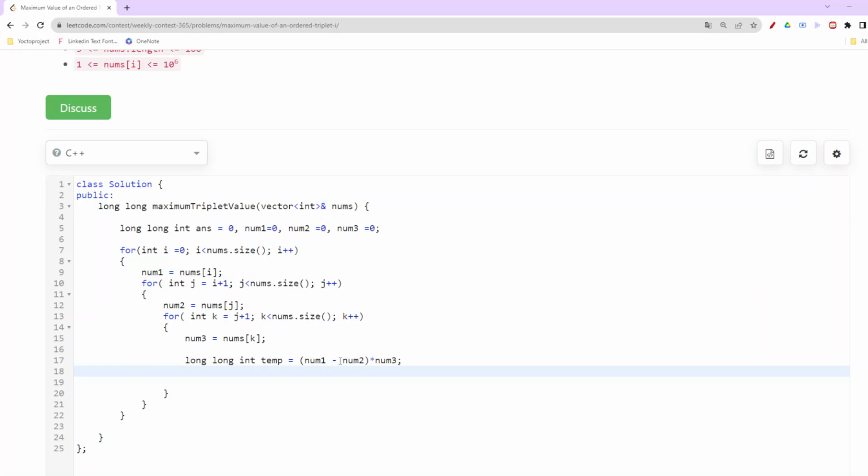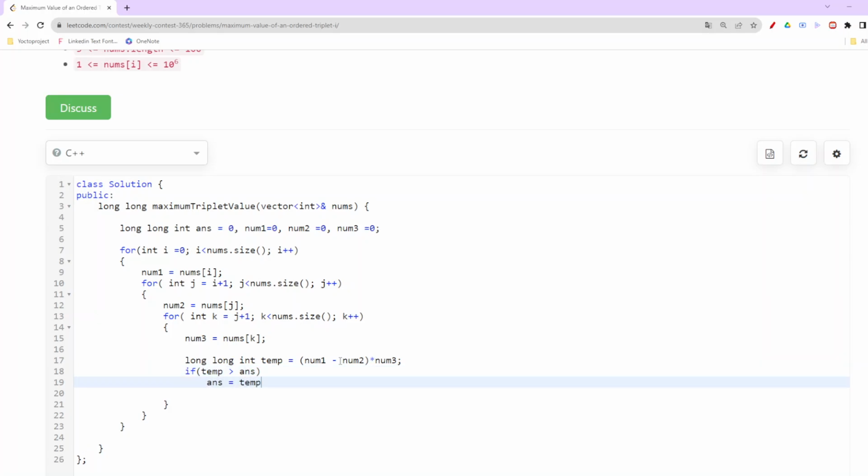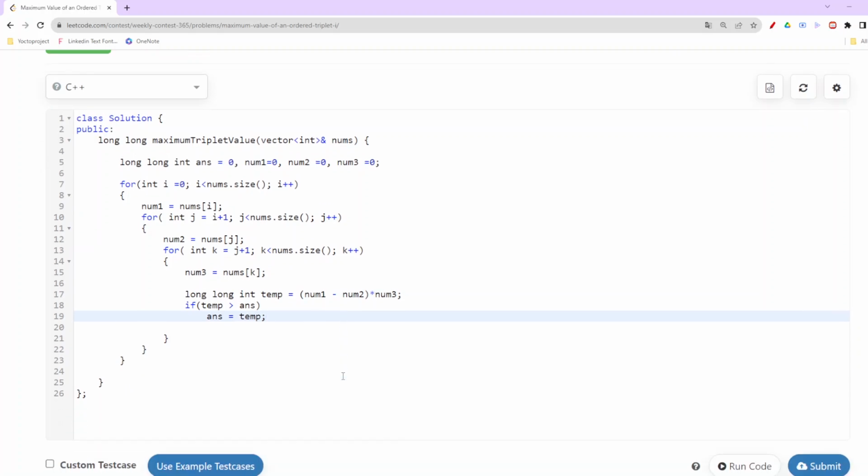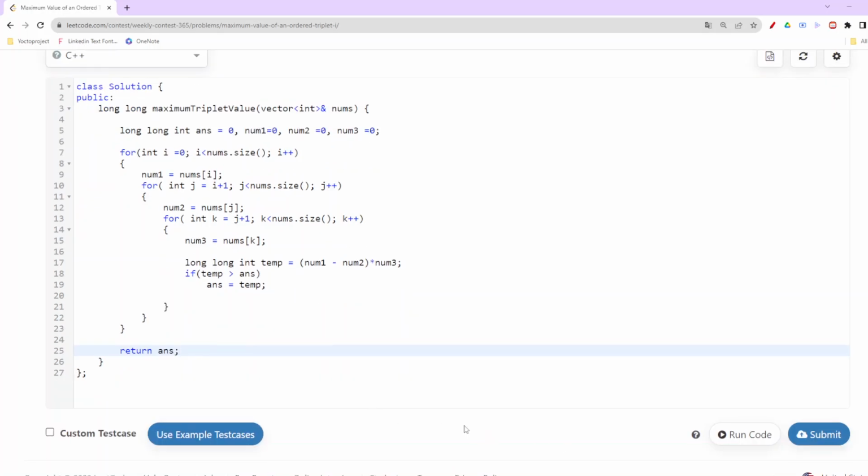This is basically the straightforward way they have told, and then we will be checking that if our temp is greater than our answer, then we will update our answer equals temp. So a simple brute force solution, this is the one which we can easily go ahead with.